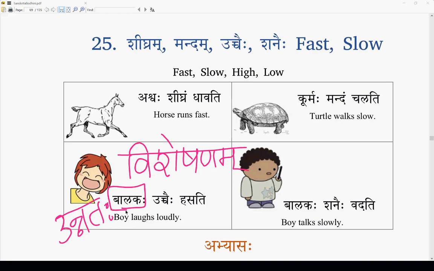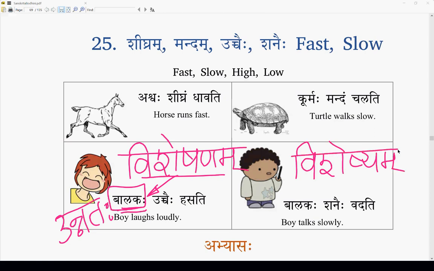Because it is describing the nama padam, this Visheshanam has to be in the same vibhakti, vachanam, lingam as that of balaka. So this balaka, the nama padam which is being described, is called Vishesham. Visheshanam is adjective, Vishesham is the one which is being described.